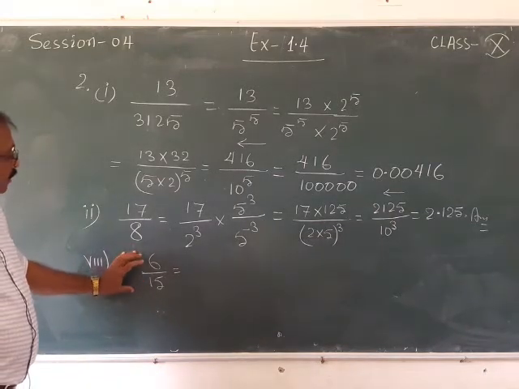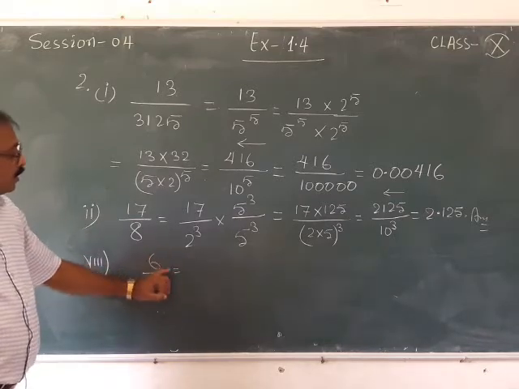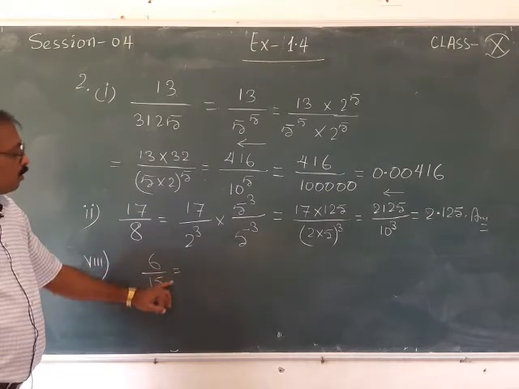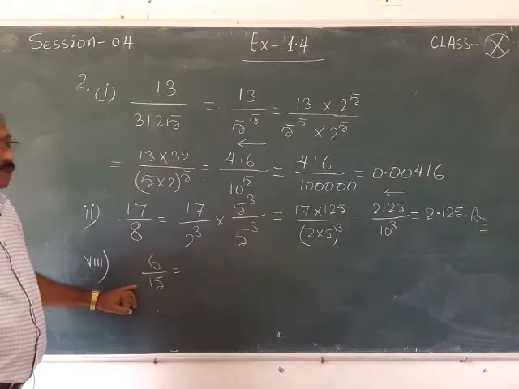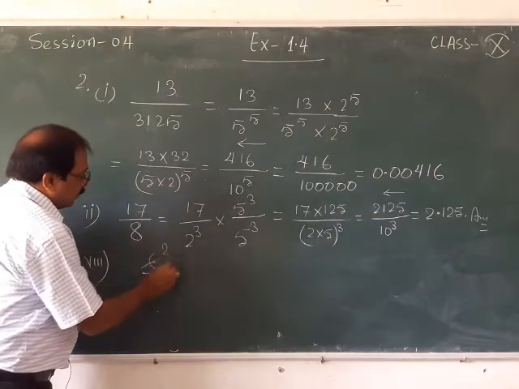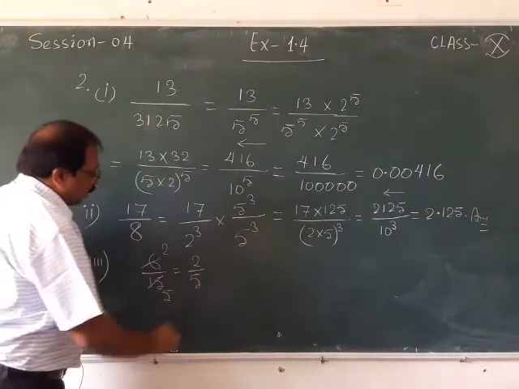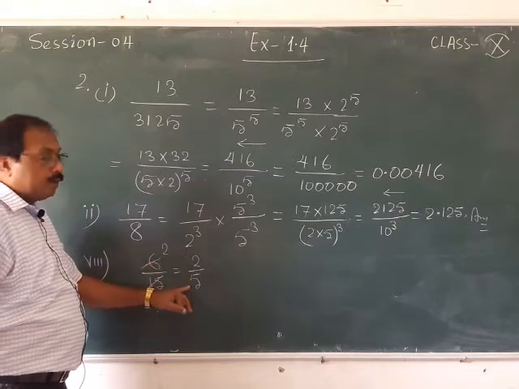You have to check whether the given fraction is in its standard form or not. Standard form of a fraction means it should be written in its lowest form. So 3 twos are 6 and 3 fives are 15. When you take it in its lowest form, it is 2 upon 5.